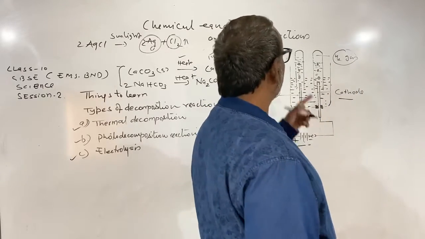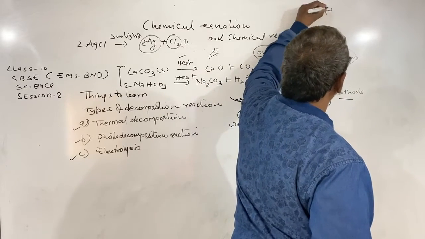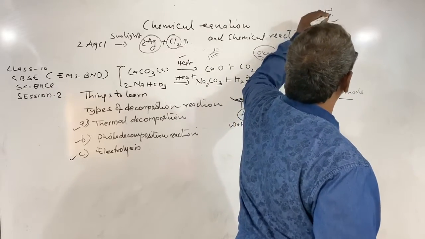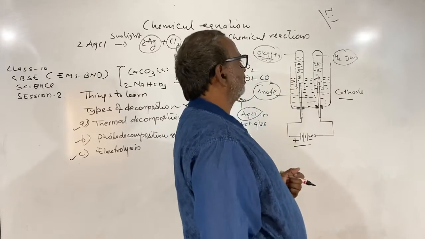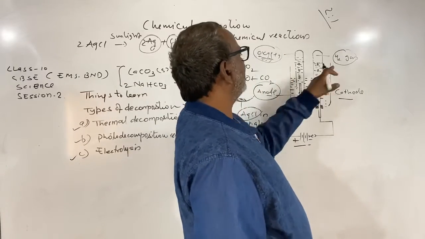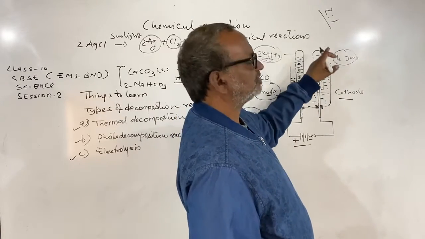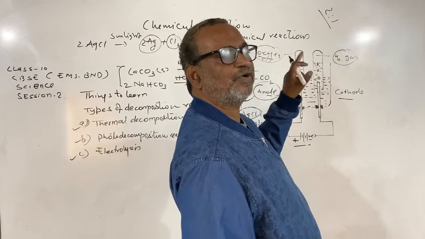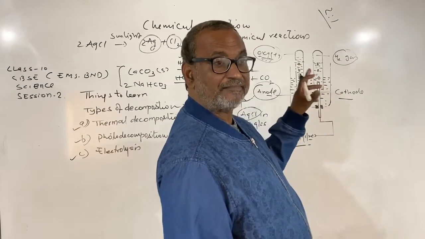That is, the hydrogen and oxygen are collected in the ratio 2:1 by volume. This activity suggests that water is a compound of hydrogen and oxygen, and water contains hydrogen and oxygen in the ratio 2:1 by volume. By volume, not by mass.